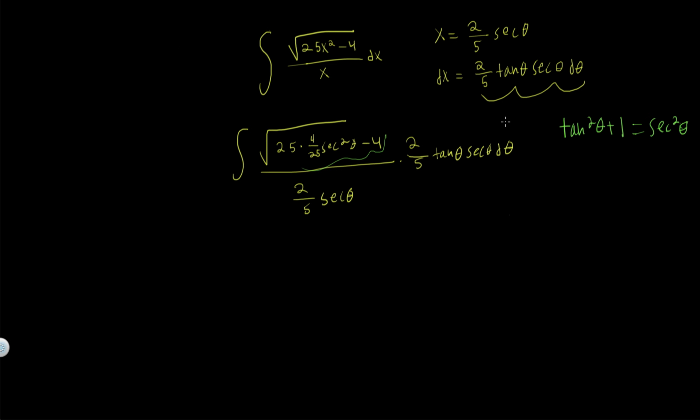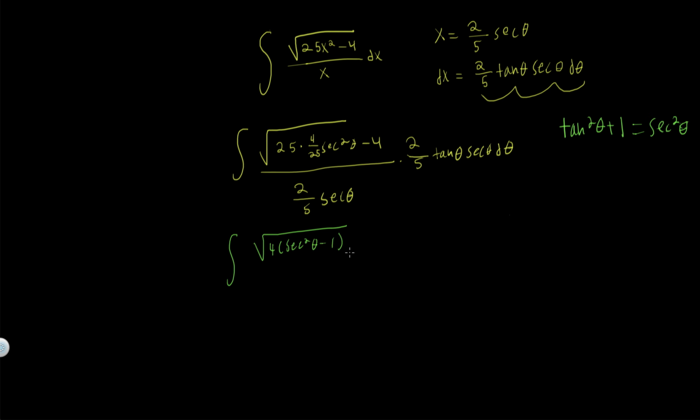Actually, let's simplify the square root first. We're left with the integral of the square root of 25 over 25 cancels, so we get 4 secant squared theta minus 4, and we can factor out a 4. So I get 4 times secant squared theta minus 1.